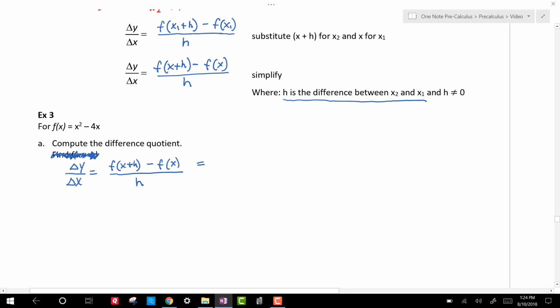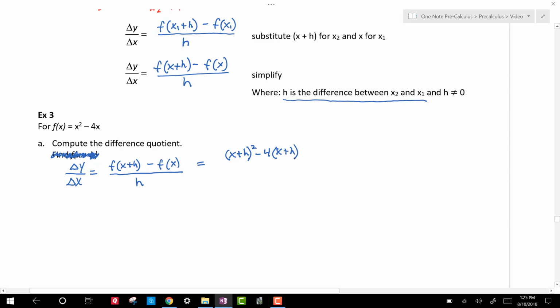To do this, it means take x plus h and substitute it anywhere you see an x in the original function. So f of x plus h becomes x plus h squared minus 4 times x plus h.